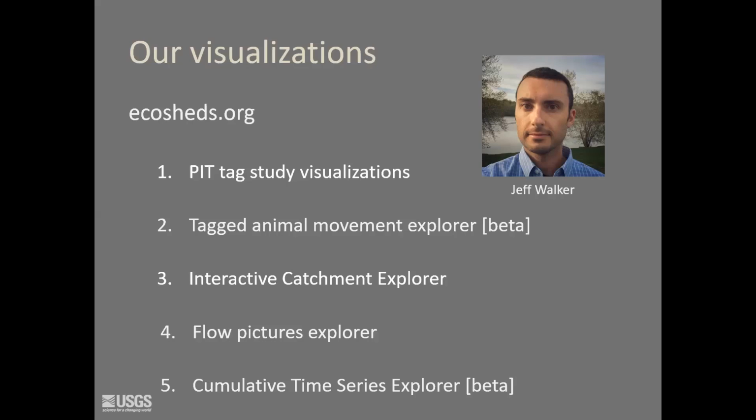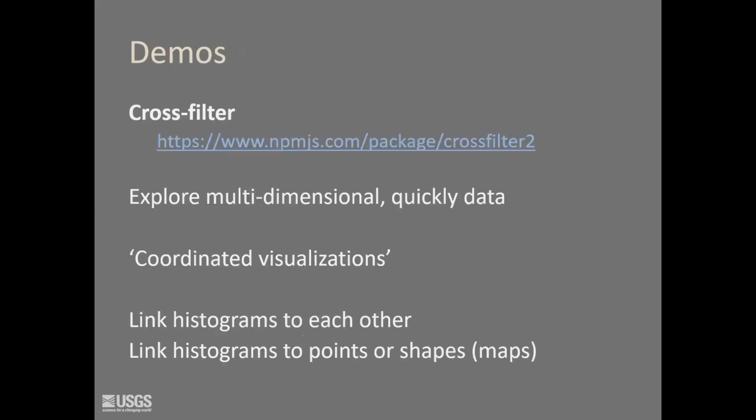So I'll start out with some PIT tag visualizations that we did to help us understand our PIT tag data, and then a fun new one that's in beta that's not part of EcoSheds yet, a tagged animal movement explorer, and then the one Sharon mentioned in the beginning, the interactive catchment explorer, and then maybe a couple others if there's time.